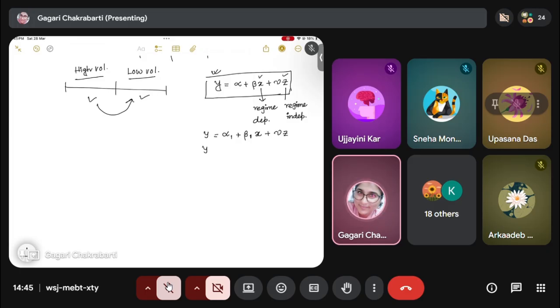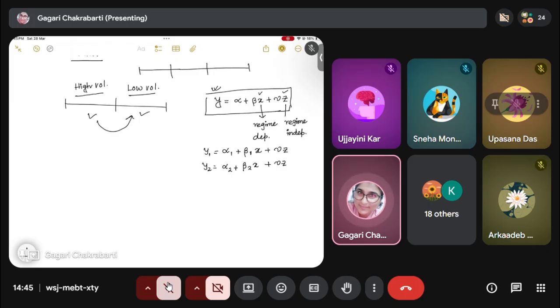Similarly for পরেরটার জন্য y2 is equal to alpha 2 plus beta 2x plus gamma z. তো আমরা এখানে দুটো ভেবেছি, তো এরকম তুমি আরো বেশি বেশি রেজিম ভাবতে পারো। So one is high volatility, other is low volatility.